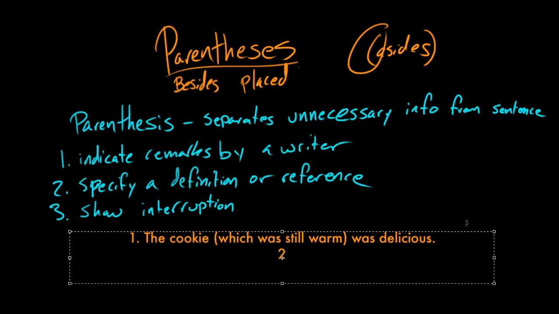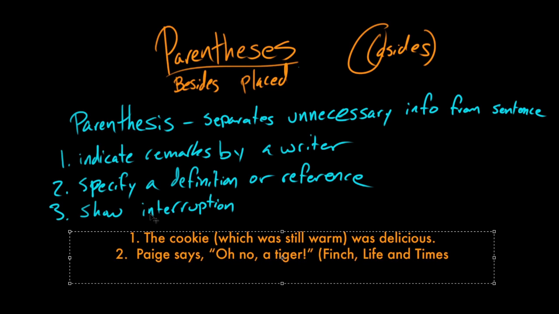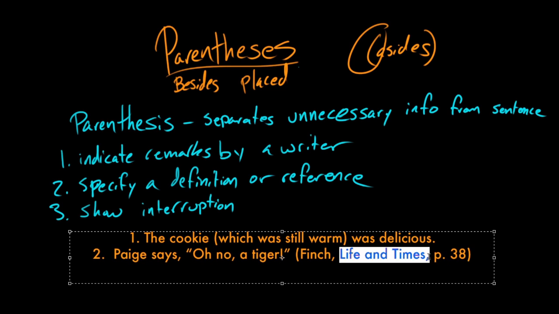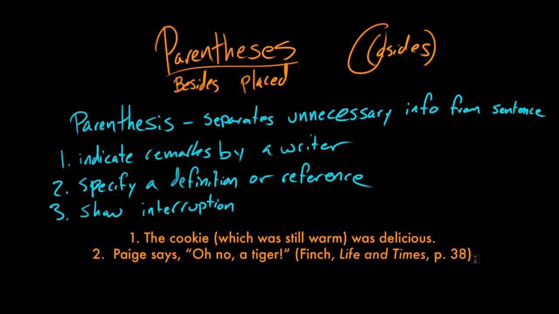So the second way in which you use parentheses is to specify a definition or reference. So let's say I wanted to quote Paige's as yet unwritten autobiography. What I'm doing here is using this parenthetical aside to cite where in her book she said, "Oh no, a tiger."